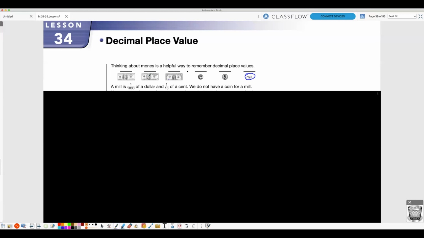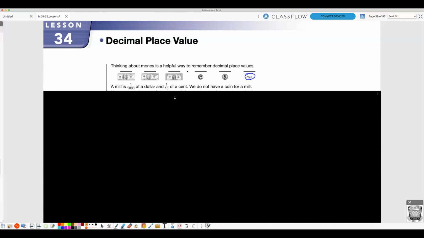A mill is 1/1000th of a dollar, so it would take 1,000 mills to make just $1. It takes 100 pennies to make $1. It takes 10 dimes to make $1. So a mill is 1/1000th of a dollar and 1/10 of a cent.